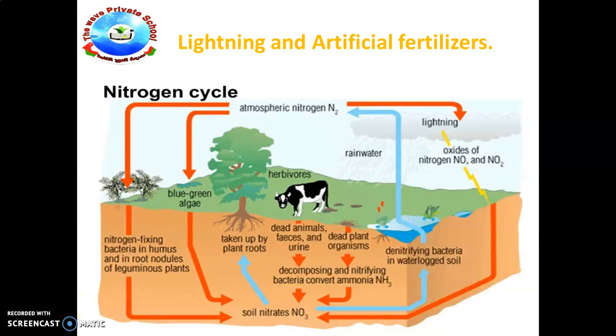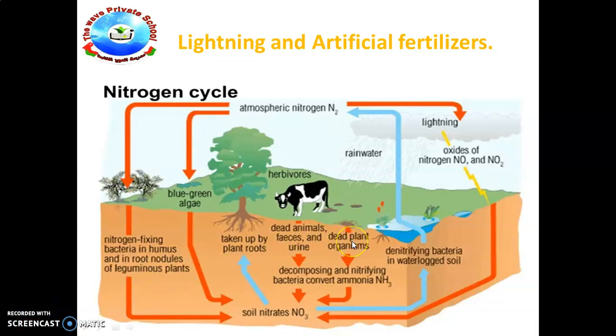The protein containing nitrogen is broken down to ammonium ions, and this is released by another group of bacteria called nitrifying bacteria. This is the nitrifying bacteria which converts the dead bodies and dead plants into ammonium ions. These ammonium ions are released into the soil and are used by the trees again.